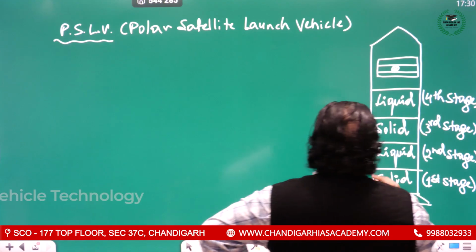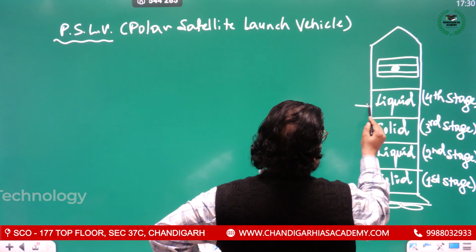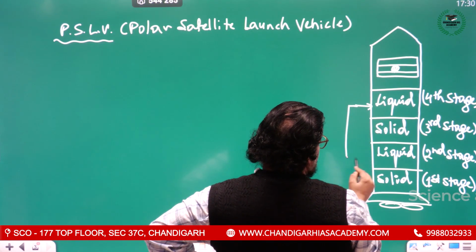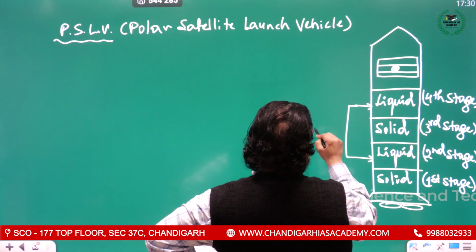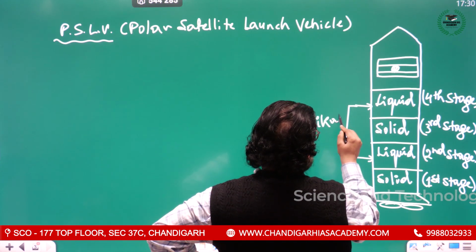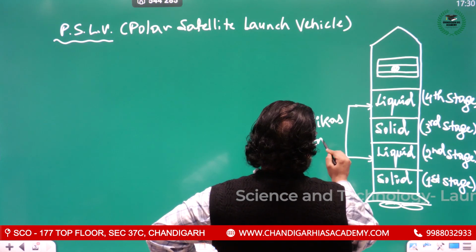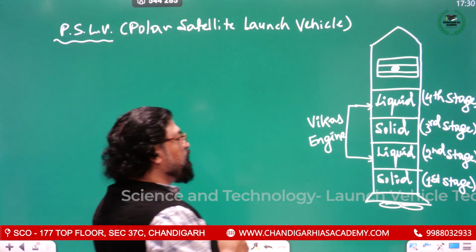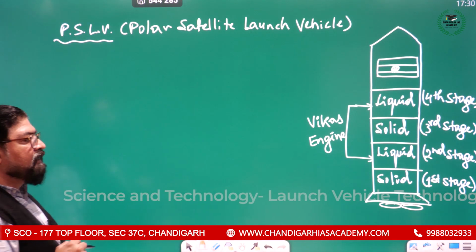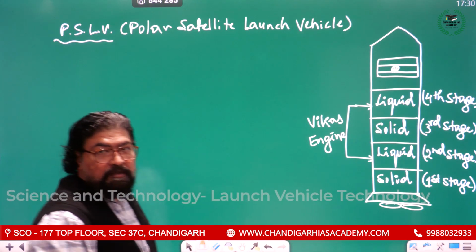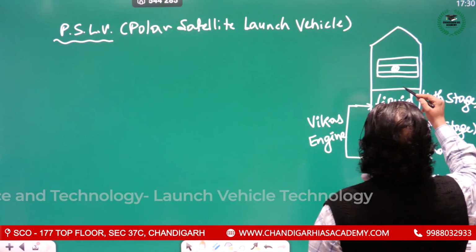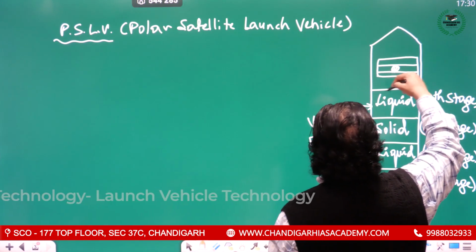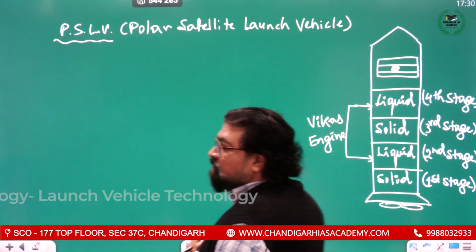Now this liquid engine, the second and fourth stage, is called the Vikas engine. LPSC, the Liquid Propulsion System Centre, has developed that. At the top, we have a satellite bus where we keep the satellite, spacecraft, everything.